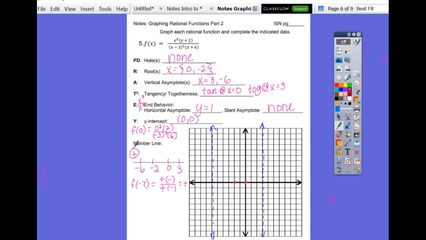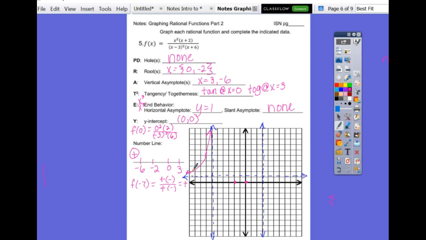So I know that the branch right here is going to look like this. Oh, I forgot to put the y equals 1 in. So when I draw this, it's going to go like this.